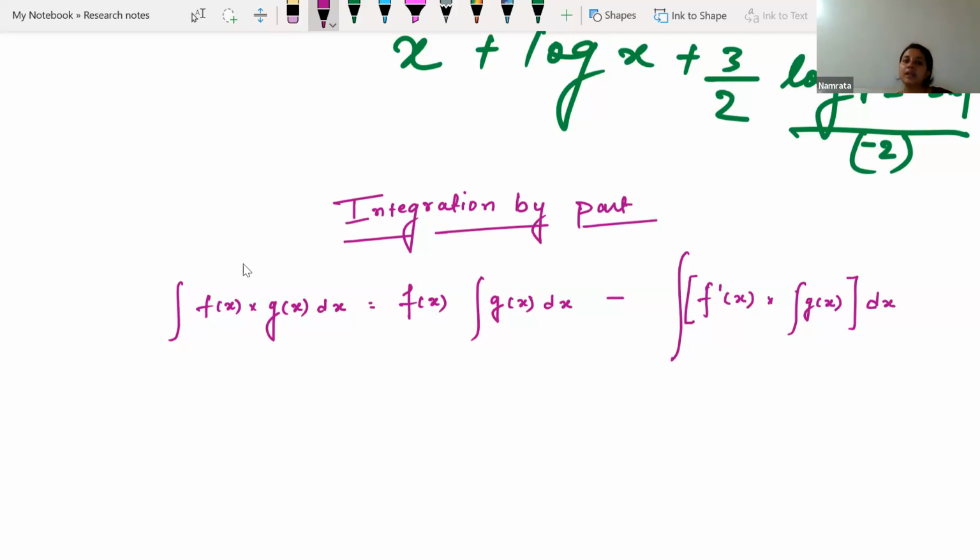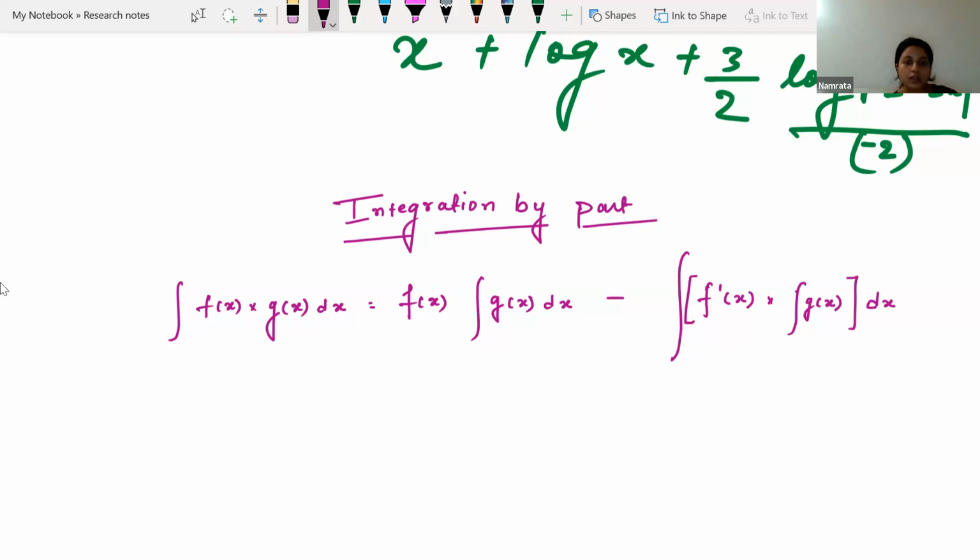Again and again I'll be writing the formula so that you can just get used to the formula. This is what the integration by parts rule says, that when we are having a product of two functions, this is how we can do the integration.